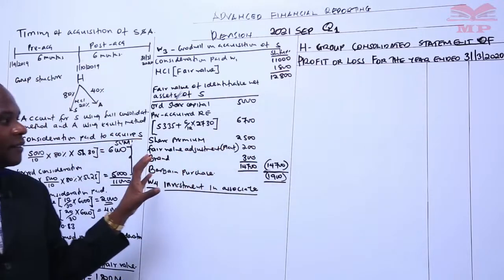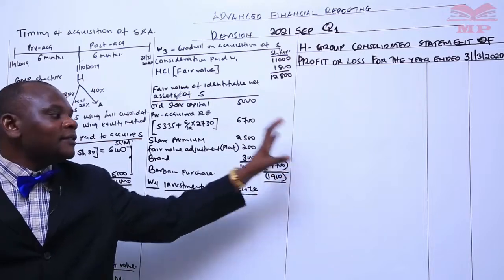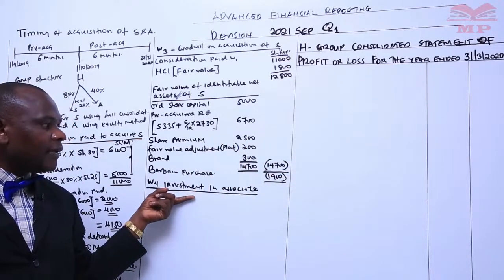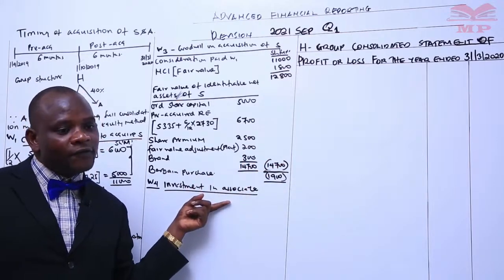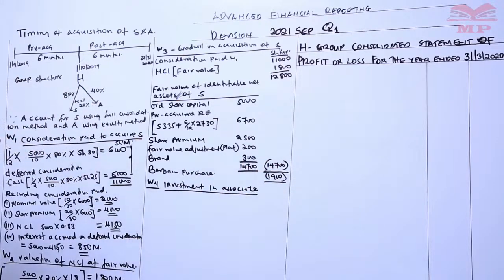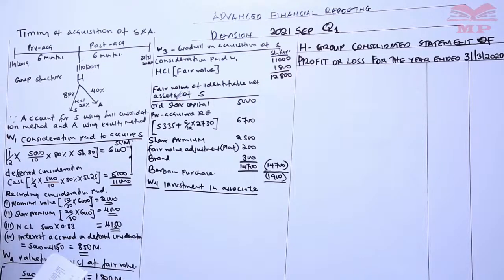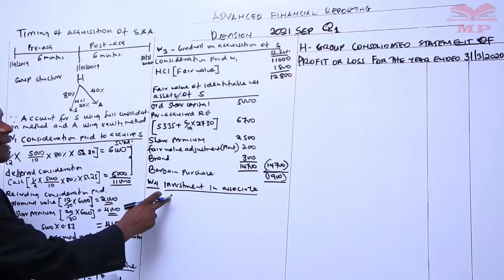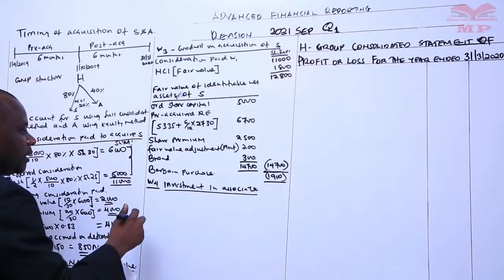The incomes and expenses of the associate will not form part of the group, but we just disclose the investment in A and also the share of profit that H is getting from A. That is the reason behind determining investment in associate. And what is it? It is an asset to the group.